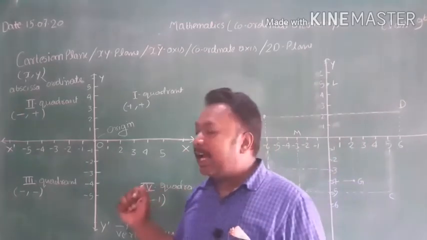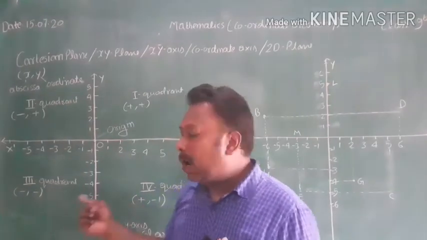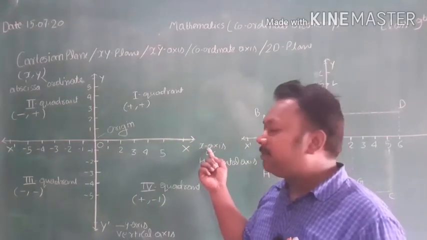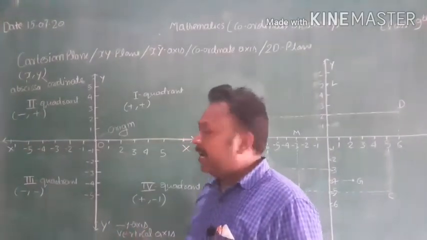This plane has two axes, one horizontal axis and one vertical axis. Horizontal axis is known as x-axis and vertical axis is known as y-axis.